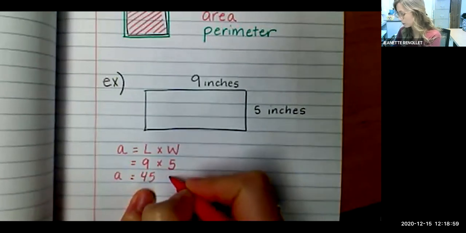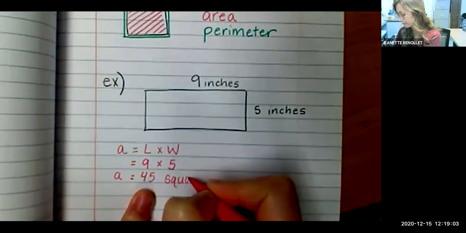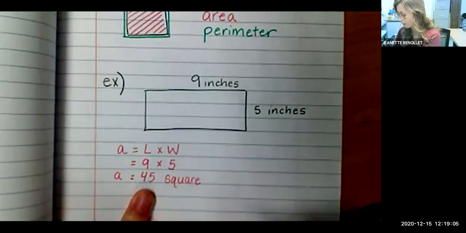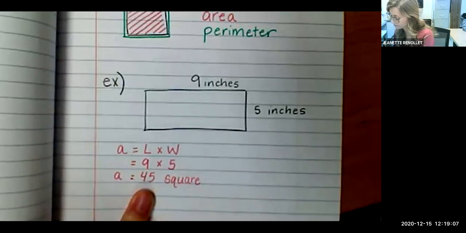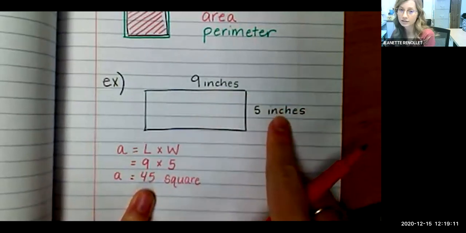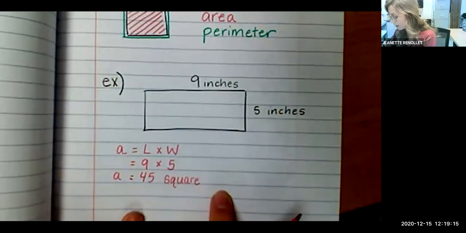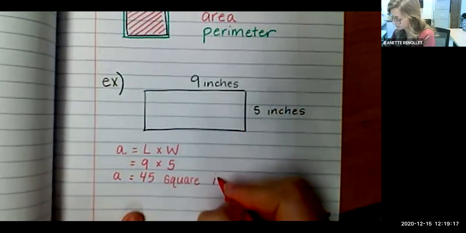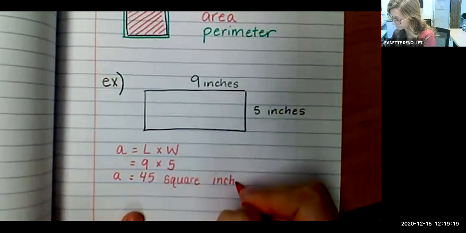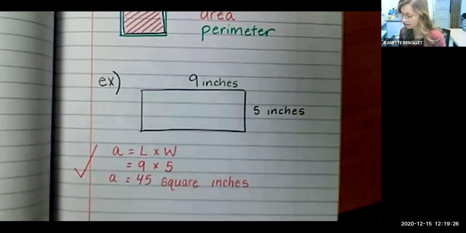I know we use the word square. Square what? What did I measure in? Okay, I see inches, so I need to finish it. 45 square inches. Perfect. I have now found the area of my picture frame.